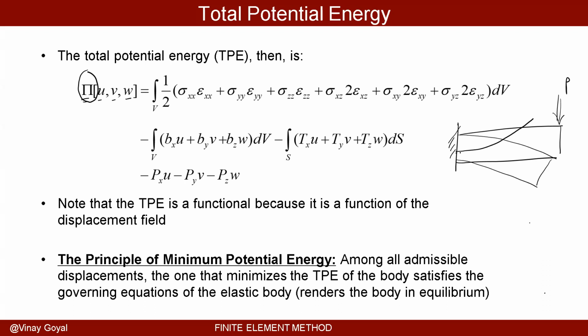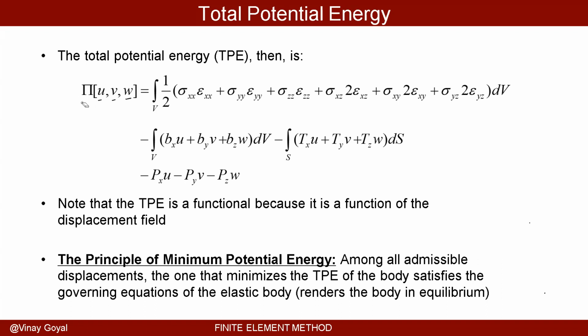But if I were to plug in that u, v, and w into this equation, pi will be larger than for the real answer, which we know looks like this, not like this. If I plug in something else, pi will be larger. What this is telling us is that the real solution to these solid mechanics problems is one where u, v, and w minimize pi. That's what we're saying there.